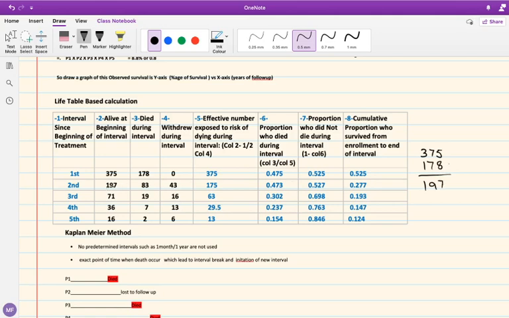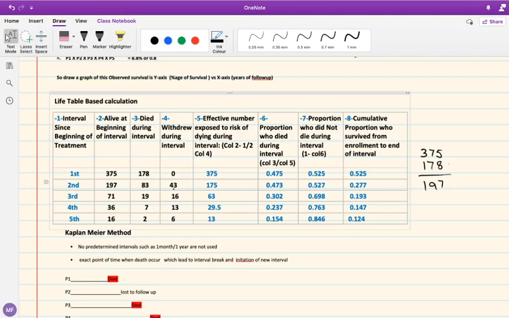Out of this 197, 83 died during the second year, and 43 withdrew from the study. So if the 43 individuals withdrew from the study, the remaining number of individuals at this point would be 71.